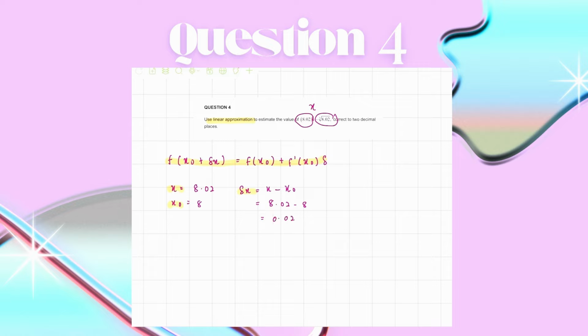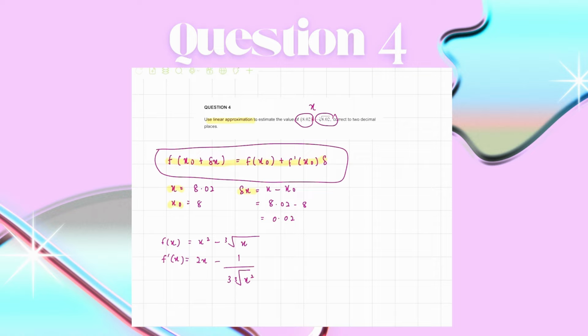So next, the thing that we need to find is the function f(x), which is x squared minus cube root of x, and f prime x is 2x minus 1 over 3 times the cube root of x squared. And the next thing you need to do is just substitute the value into the formula.